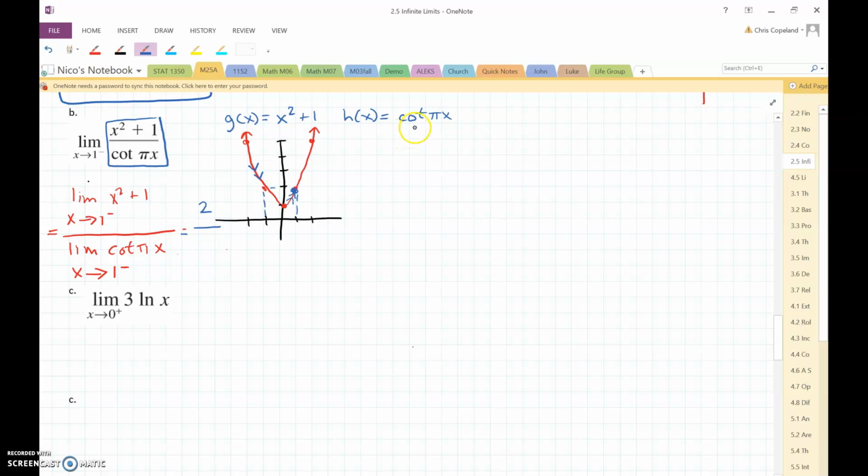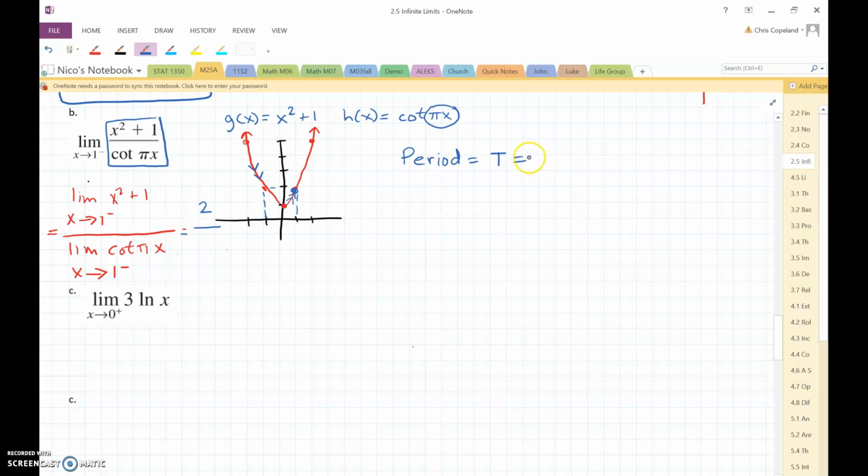Okay, now let's try to graph cotangent pi of x. So again here, let's talk about the period of the cotangent function. Let's represent that by t for period.